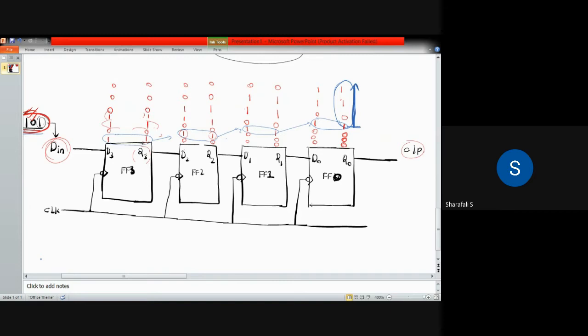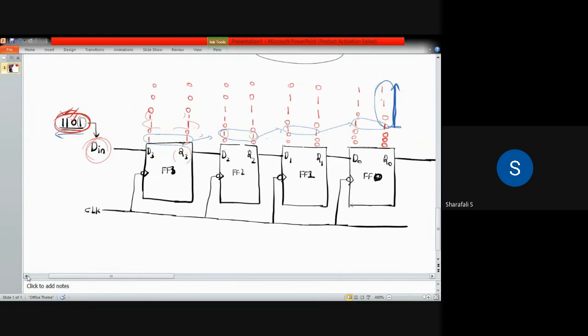Okay. Similarly, you can also consider different values and check how it is coming at the output. So when your fourth pulse comes, you have already stored all those values in these registers.